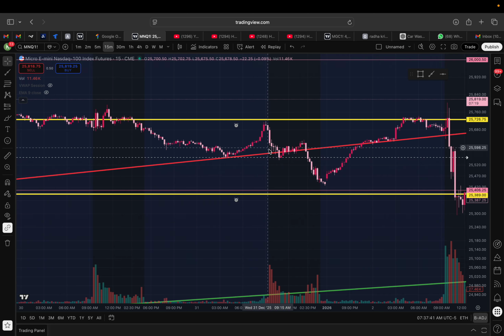Okay, so then we get this push. And I think somewhere I entered in this candle, if I'm not wrong, or maybe in this one. Let's go back. As you can see here, it shows where I entered and where I exited.